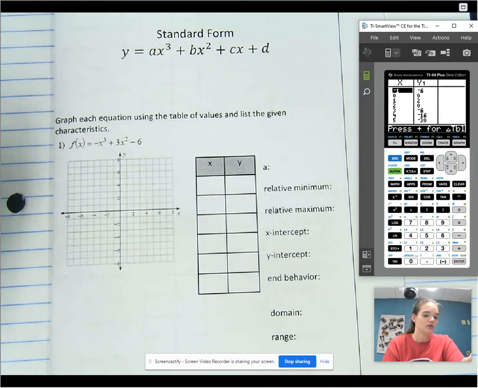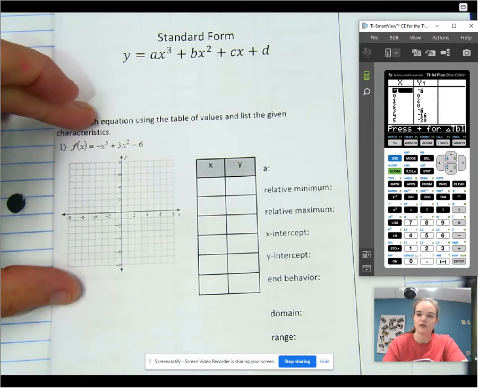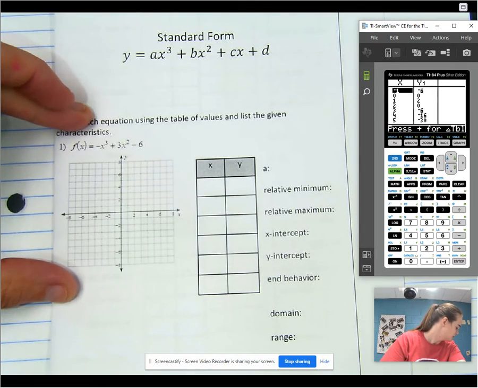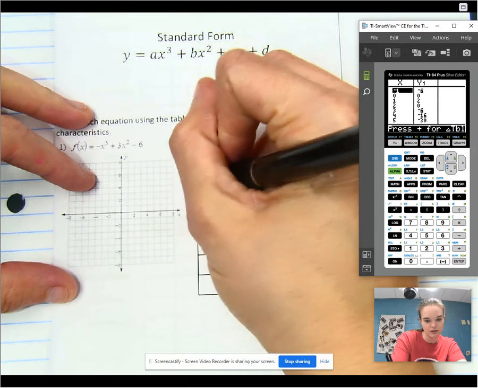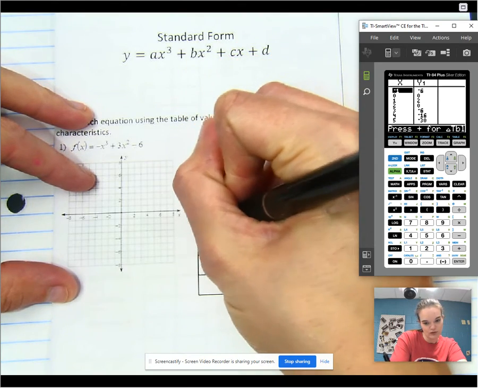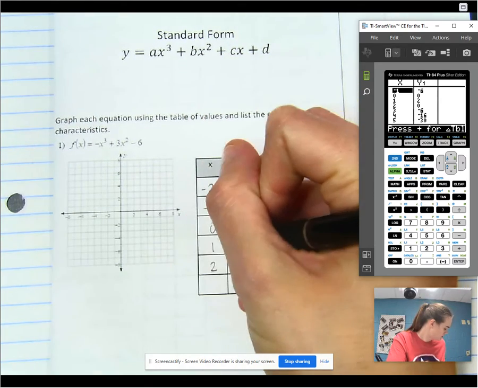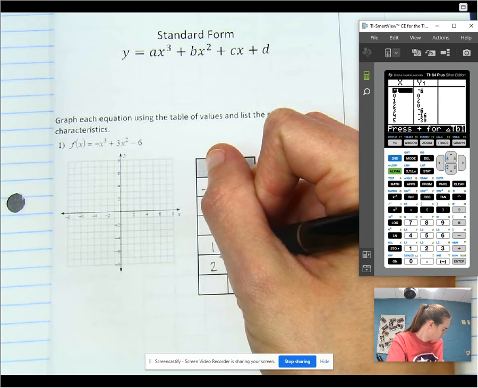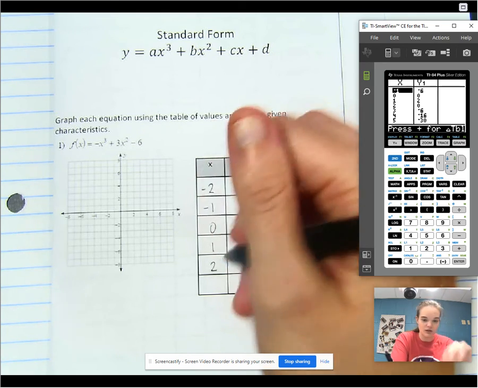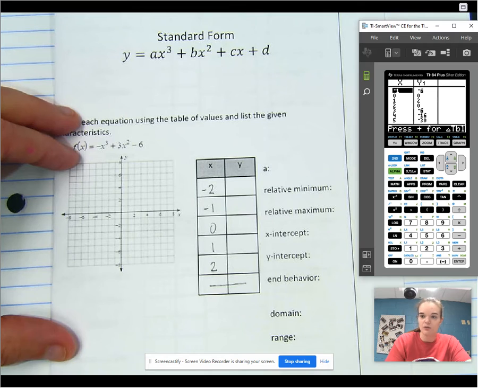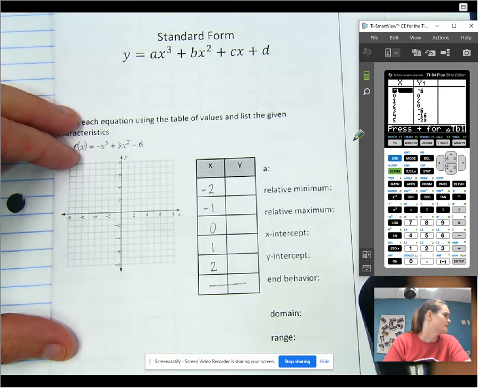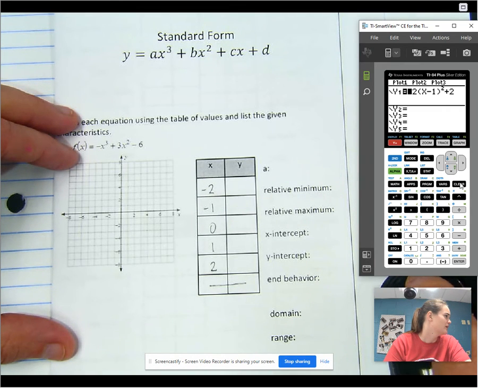Okay. So the first thing we're going to do is create the graph. And we're going to use -2, -1, 0, 1, and 2. We're going to cross out the last one. We're going to use those numbers every time. Okay, so I'm going to press y equals and clear anything out here.